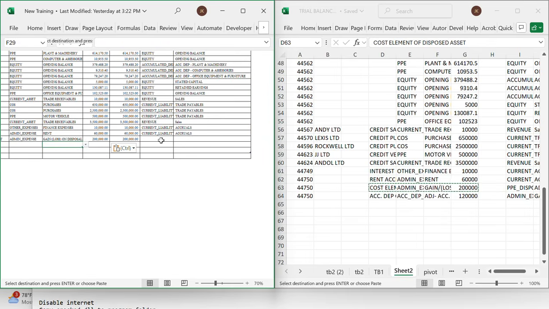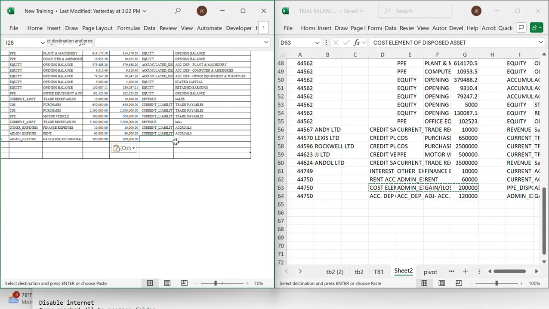Now, the corresponding entry is going to be the accumulated depreciation. But bear in mind that in setting up our chart of accounts, we separated the pool of depreciation charges for the current period from this depreciation on disposals.